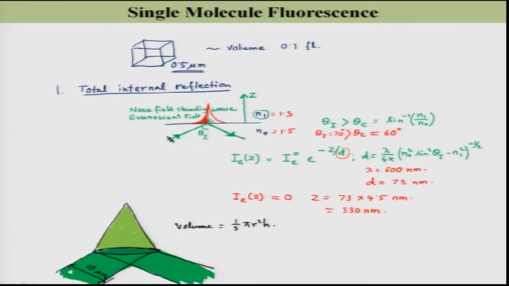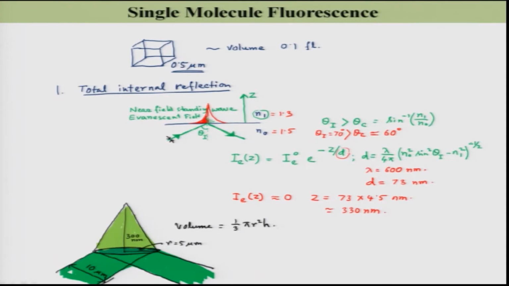So, then the radius will be 5 micrometer and the height, which I have roughly calculated, will be around 300 nanometer, or 0.3 micrometer.